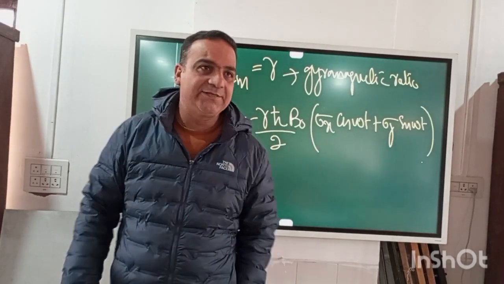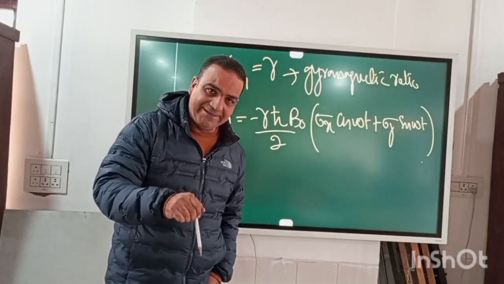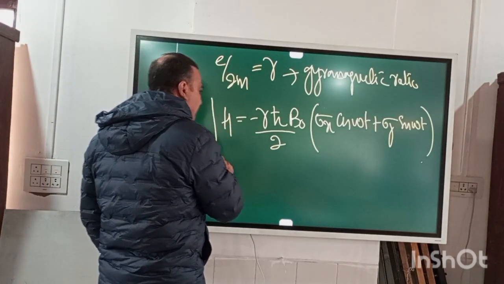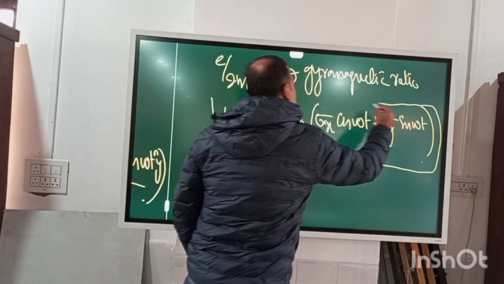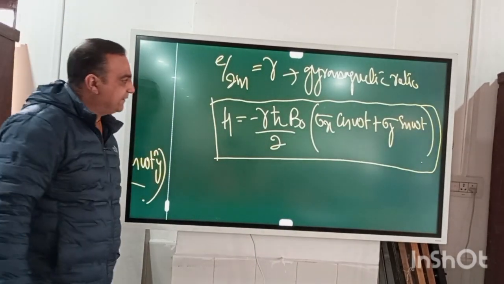This equation is self-explanatory, and you can reach it by inserting the Pauli spin matrices. So this is my Hamiltonian for the spin in a rotating magnetic field.